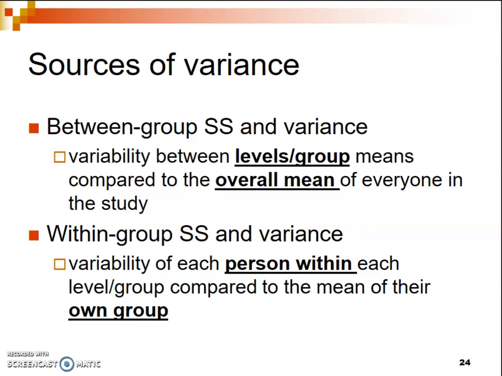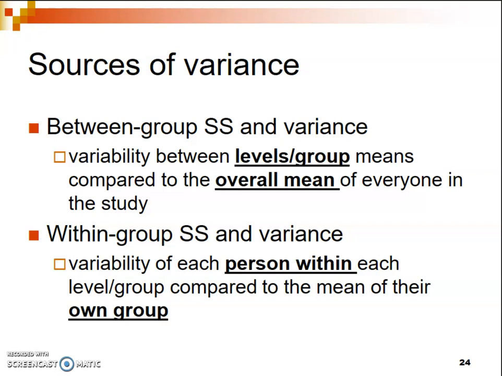The process of doing our calculations for ANOVA will involve calculating separate values for the between group sum of squares and between group variance, and separate values for the within group sum of squares and within group variance. We're going to use those calculations to help us identify the value for the F ratio.